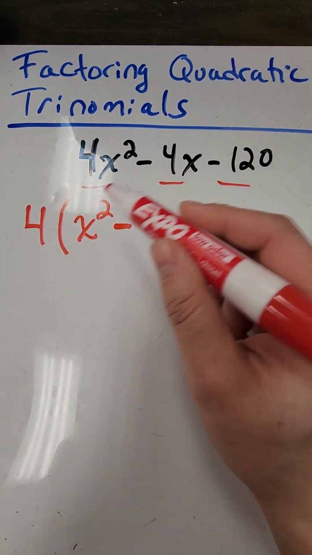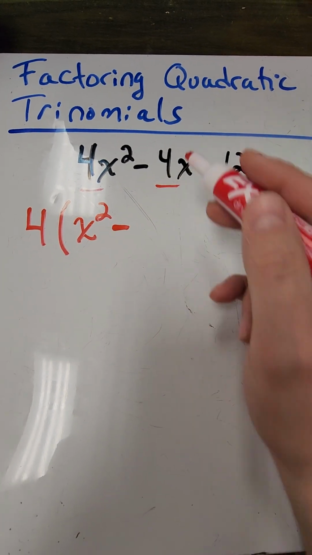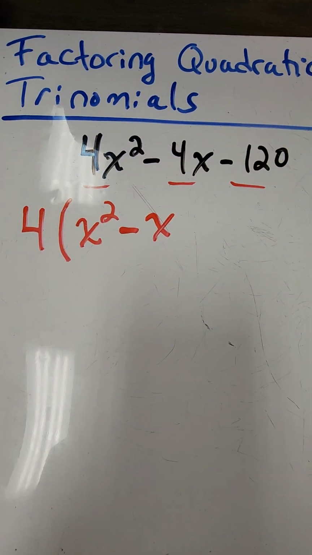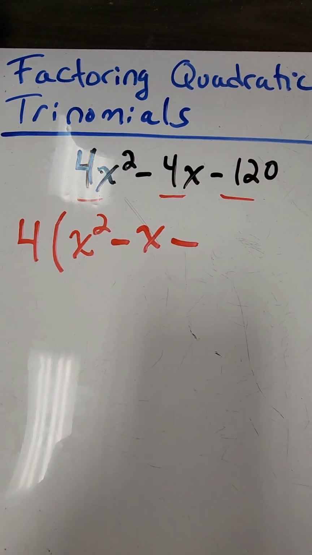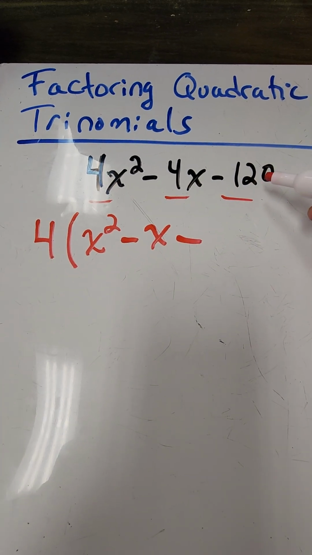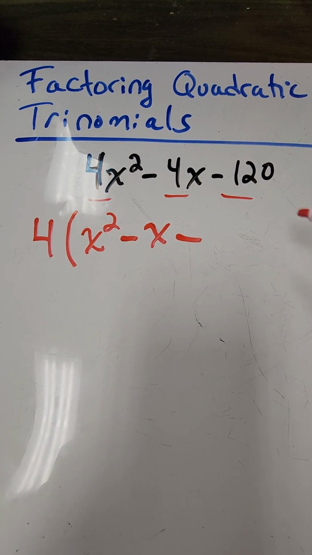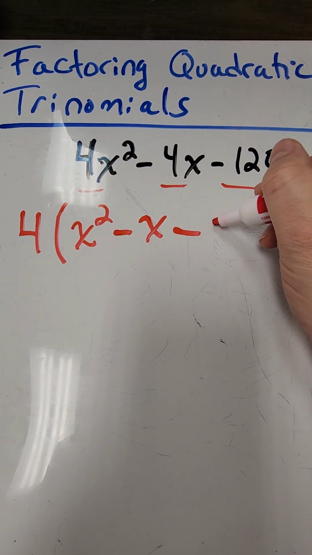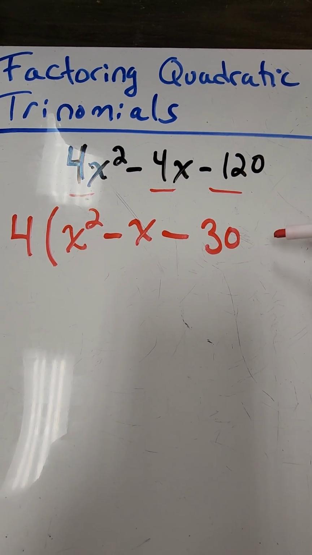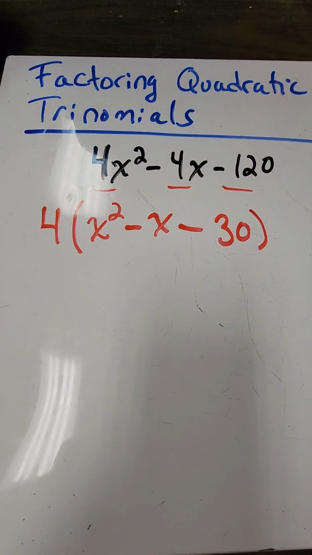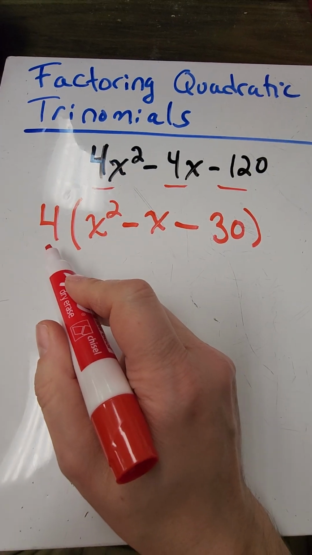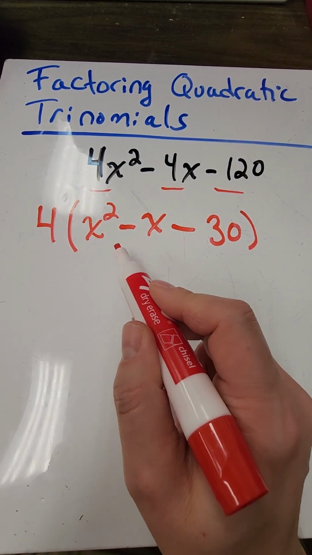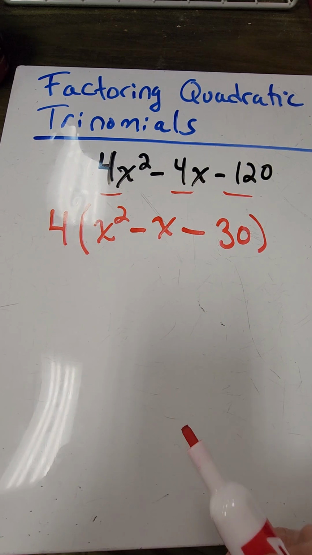When we factor out a 4 from the 4x, it becomes 1x. Carry the next minus down. And then when we factor out a 4 from the 120, we end up with 30. Right? 120 divided by 4 is 30. So we have 4 parentheses x squared minus x minus 30.